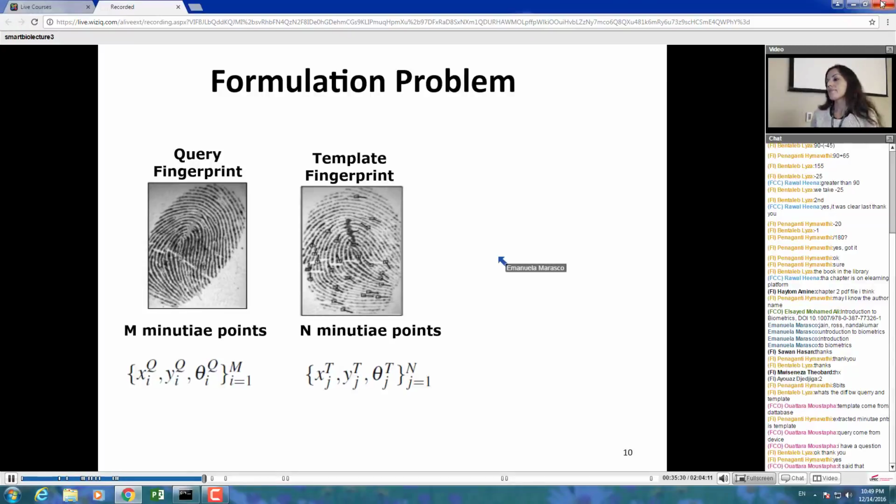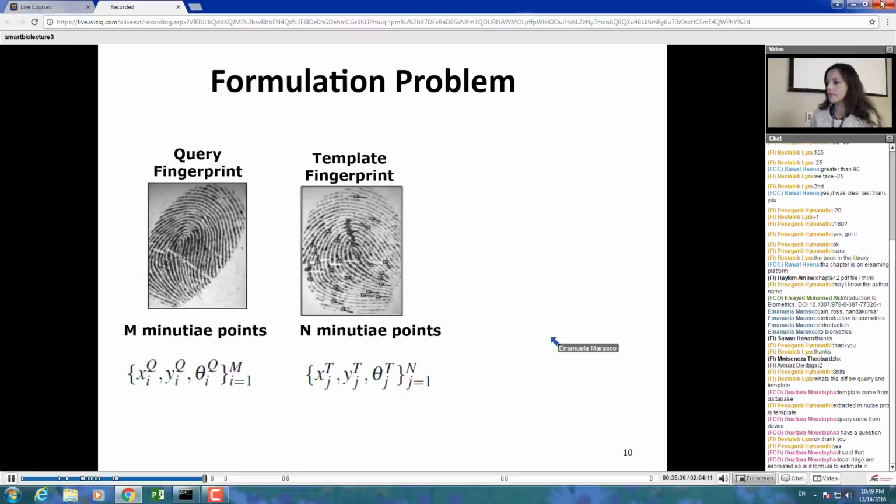So local ridges are estimated. Is there a formula to estimate it? We didn't use a formula to estimate the local ridges. The local ridges, you mean the orientation? So you mean the local ridge orientation?